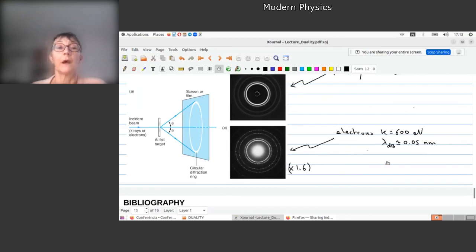Since then, it has been almost 100 years, the wave-like behavior of particles has been observed, has been manipulated, has been used. We now have a branch of physics which is called matter waves.